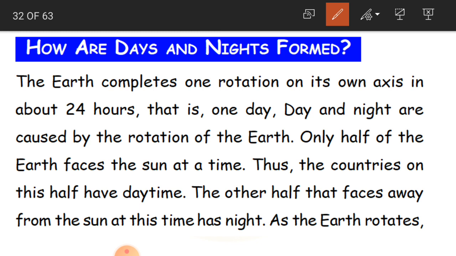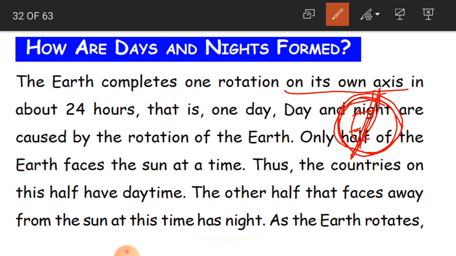Okay, children, so we have learned that earth is going to rotate around itself. If the planet earth takes a rotation around itself on its own axis, now, axis is an imaginary line which is in a tilted position.